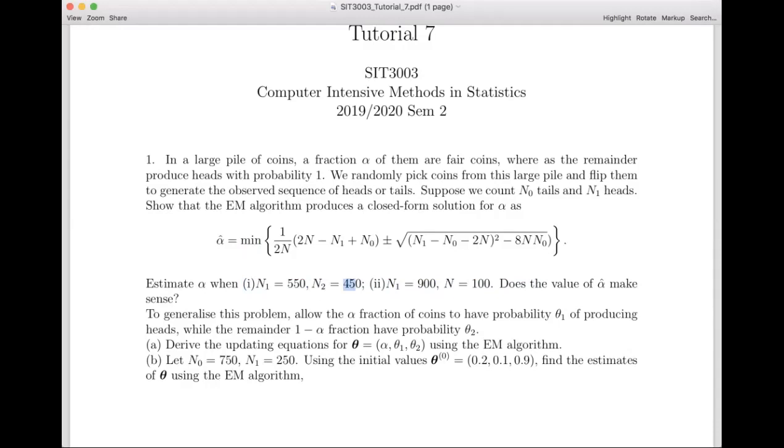So what do you think is a plausible value for alpha without calculating it? You toss the coin 1,000 times and you got head 550 times, tails 450 times. Do you think alpha will be close to 1 or close to 0?